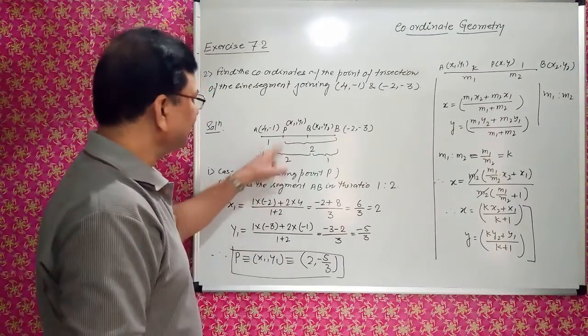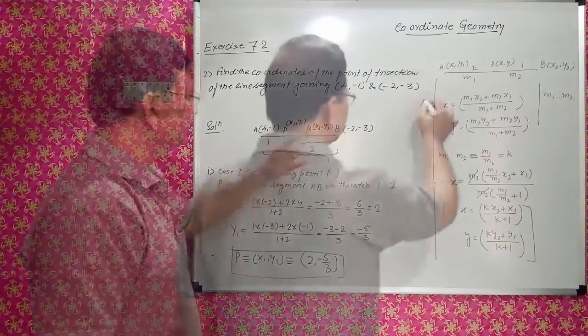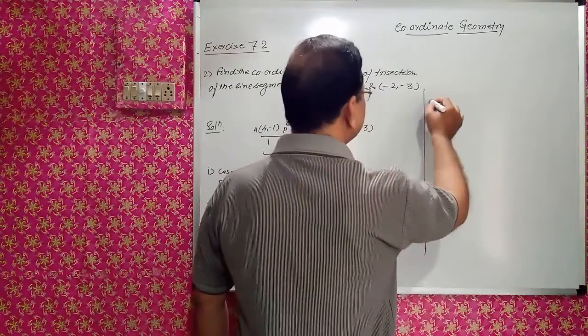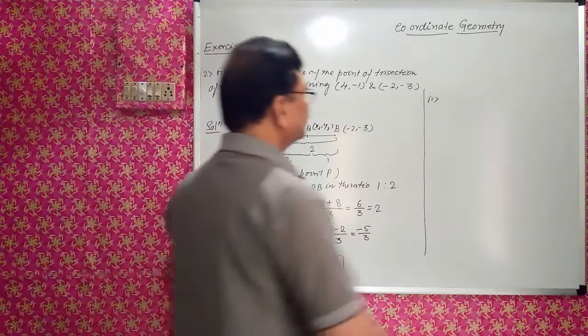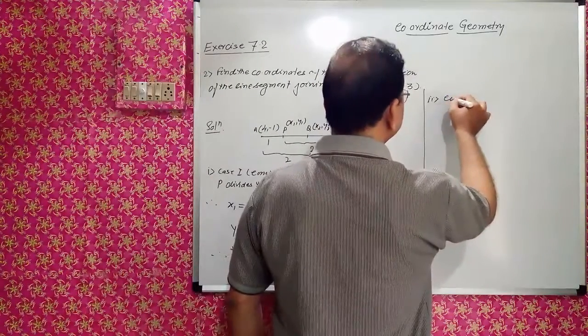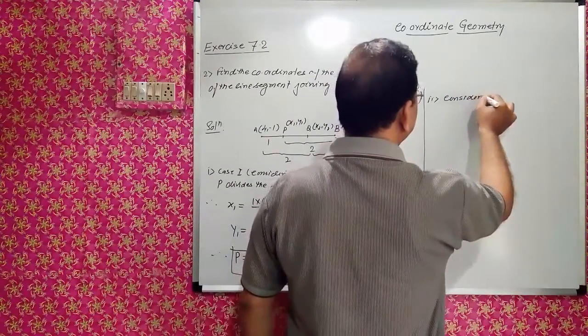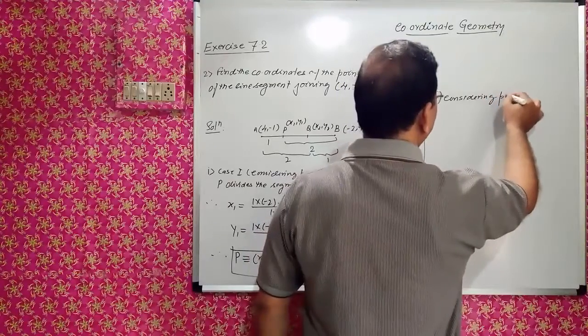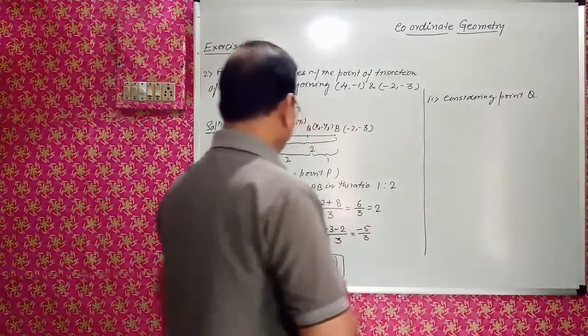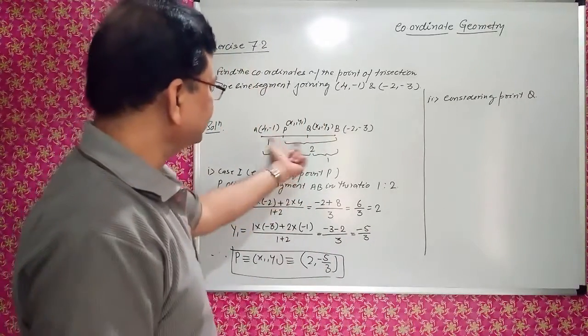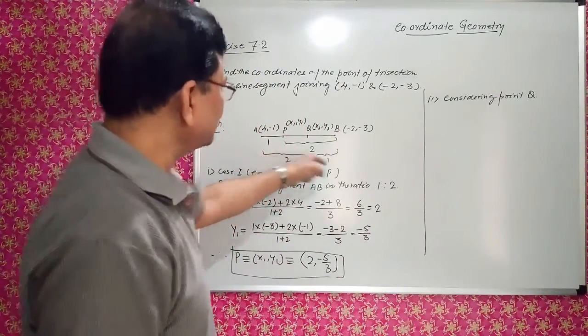In the similar manner, we will find the coordinate of the point Q. Second one, considering point Q. Q divides this line segment in the ratio of 2 is to 1.